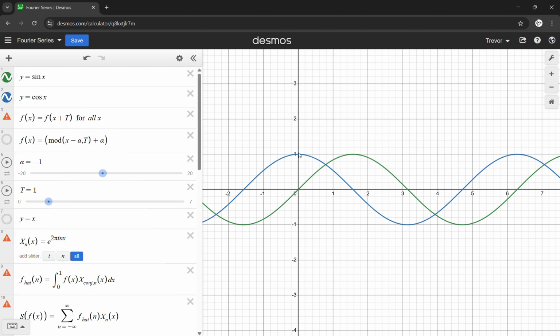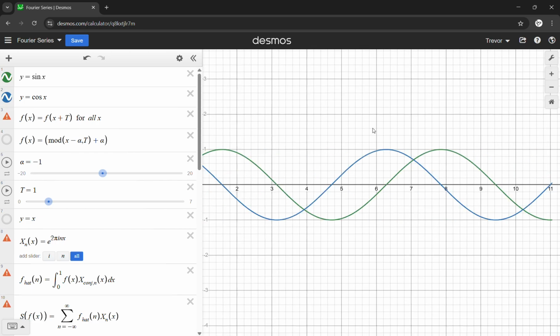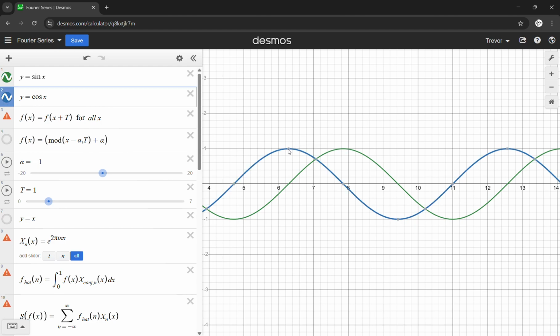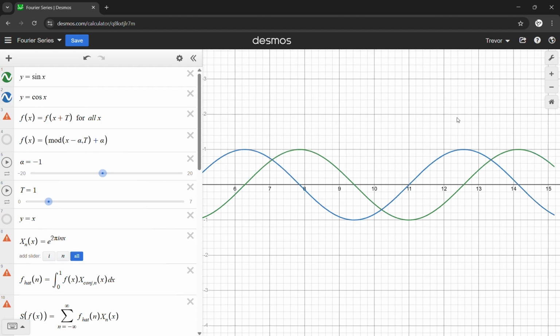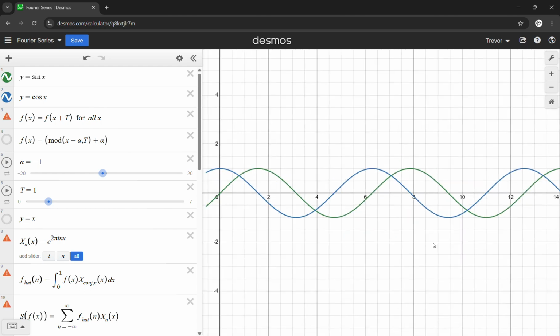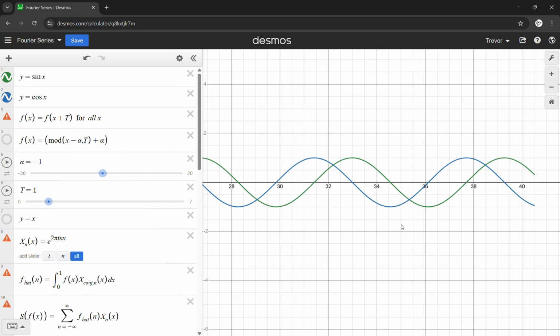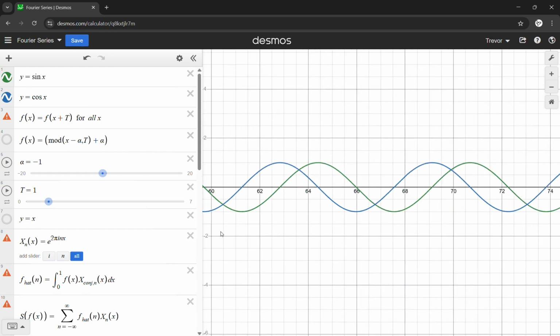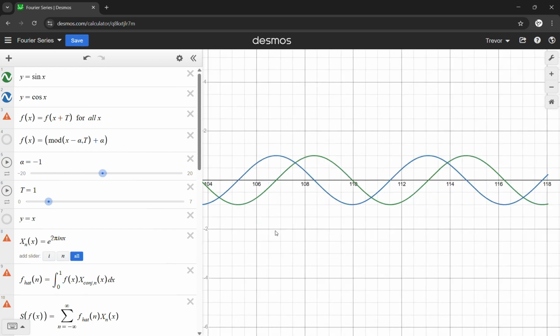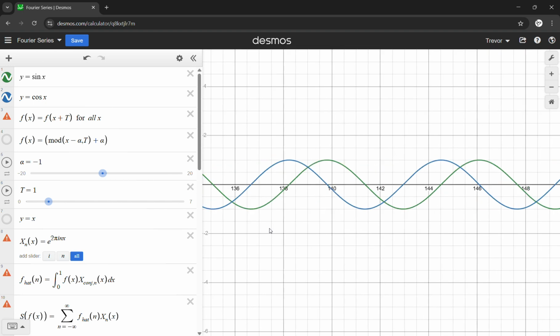If you take your cursor and drag along the function like this, you'll essentially get to a part of the graph that looks the exact same as what you just did. Just like that. And if you go out all the way to the right, you'll see that they repeat over and over again. There's nothing special going on, they just repeat.